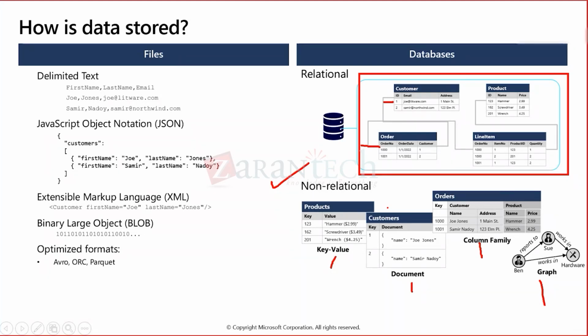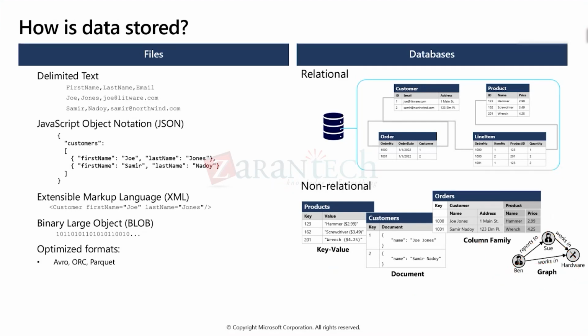And the last one, very popular in modern cloud applications, is the graph database, which stores information as nodes and edges. It stores entities as nodes, linked to define relationships between them through edges. This is called a graph database. You can write graph traversal or graph retrieval queries. These are all non-relational.